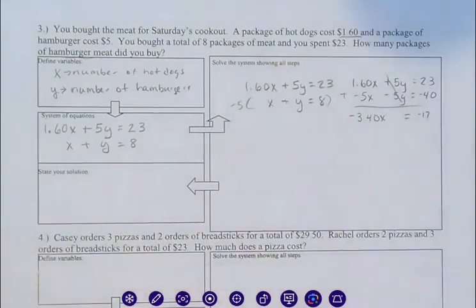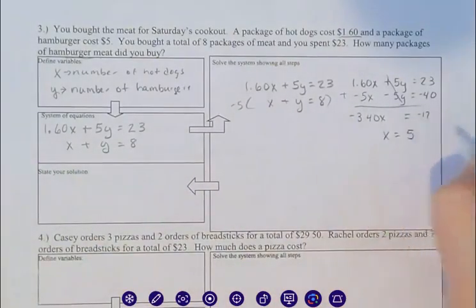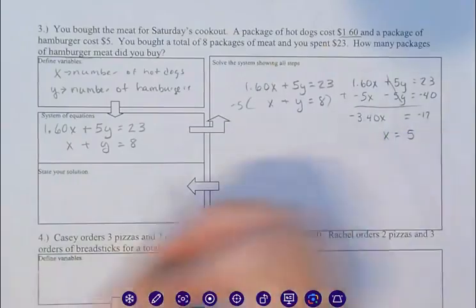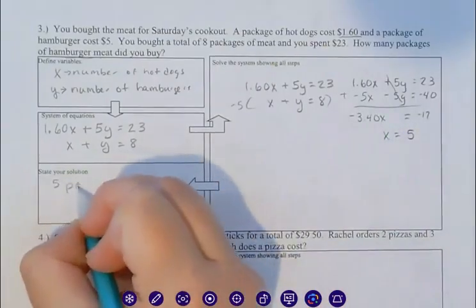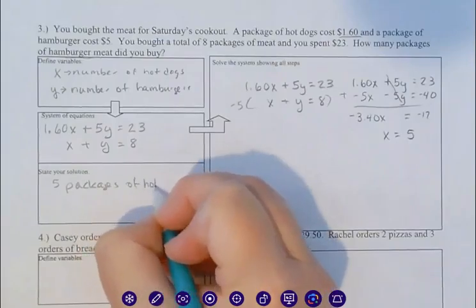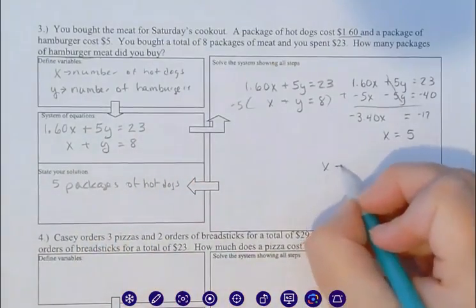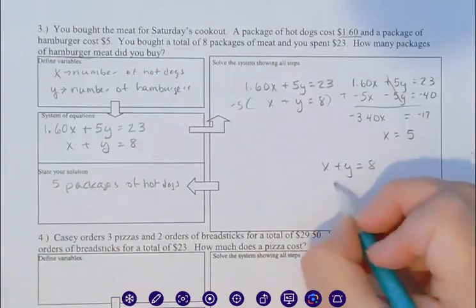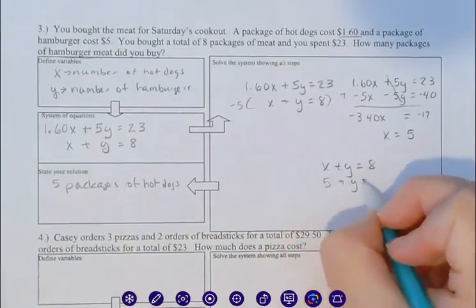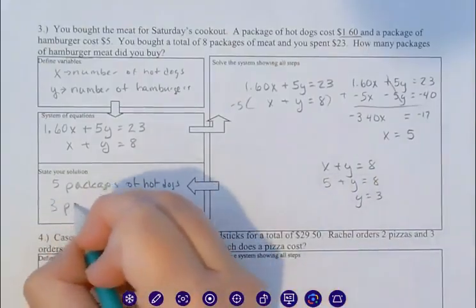So divide 17 by -3.4 and you get 5. So there are 5 packages of hot dogs. So since x plus y equals 8, if there are 5 hot dogs, then there must be 3 packages of hamburgers.